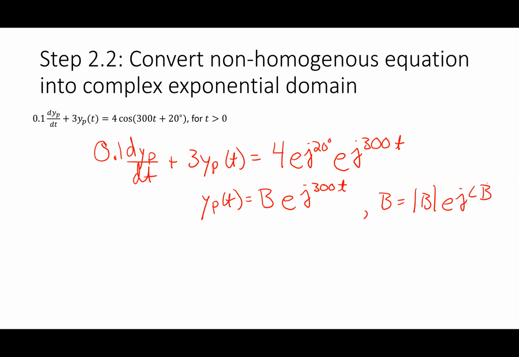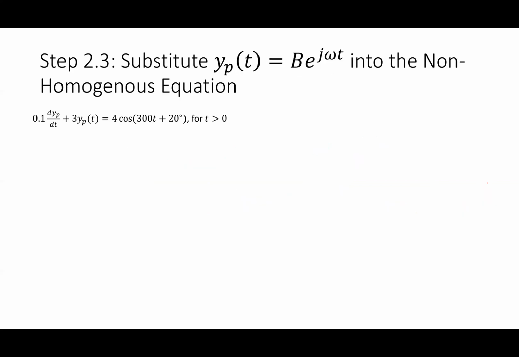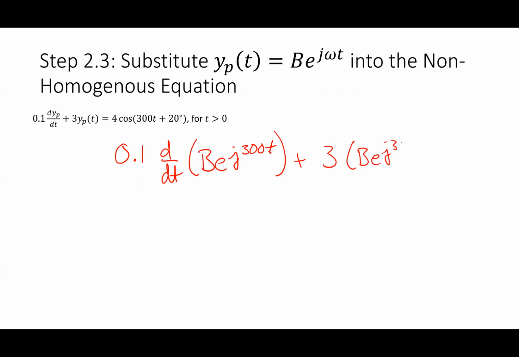So what do I do with that? I substitute it into the equation. I have 0.1 times d/dt of B e to the j 300t, plus 3 times B e to the j 300t, all equal to 4 e to the j 20 degrees times e to the j 300t. Now that's substituted in.